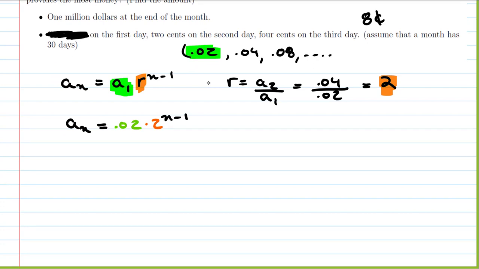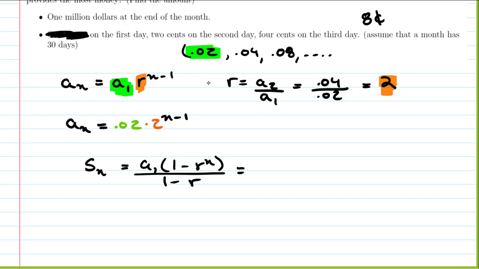So we may remember the formula for S sub n for a geometric series is a sub 1 times 1 minus r to the n, all over 1 minus r.